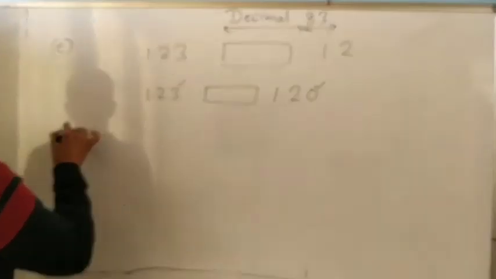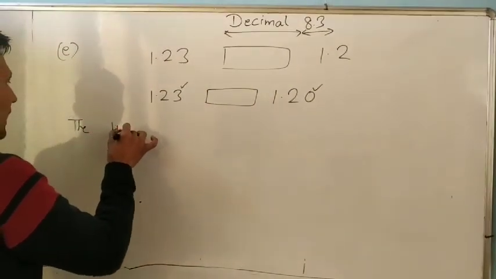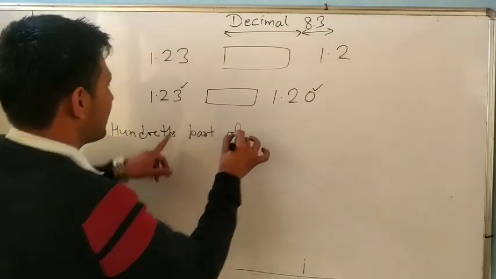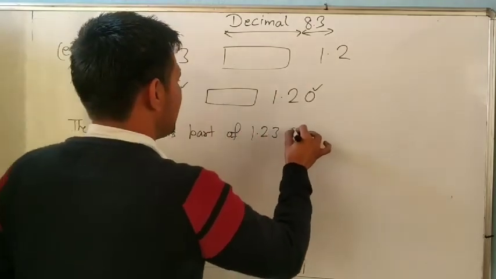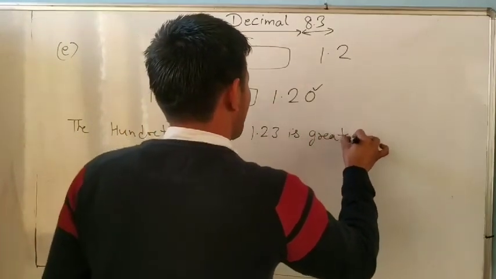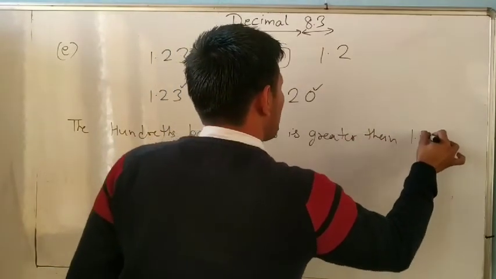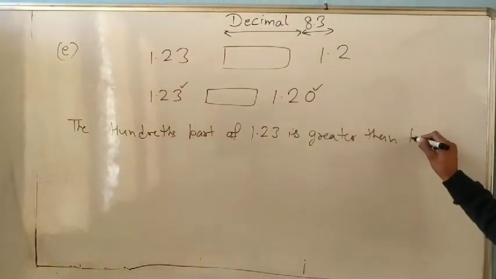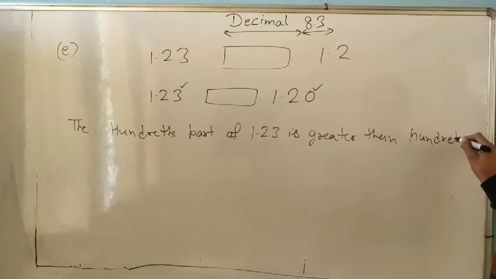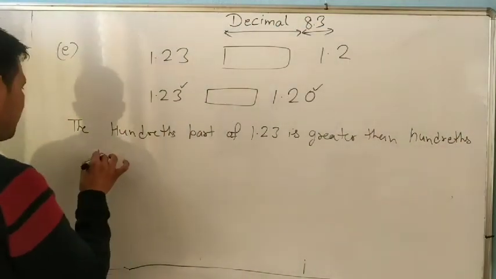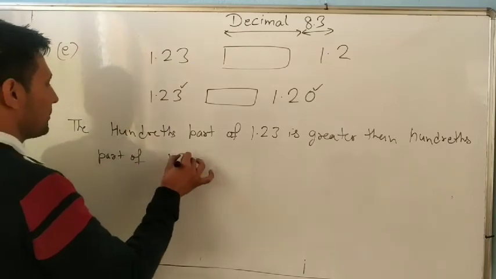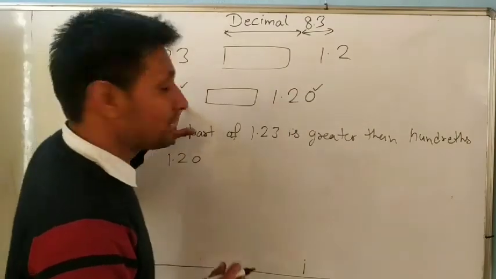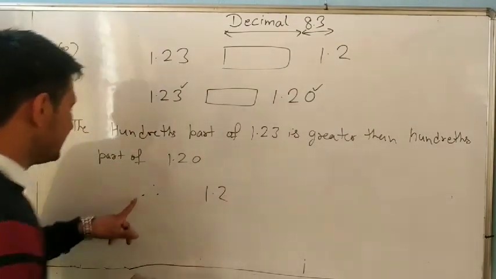So this one. You can write the hundredth part: the hundredth part of 1.23 is greater than the hundredth part of 1.20, because the ones place is the same and the tenth place is the same.